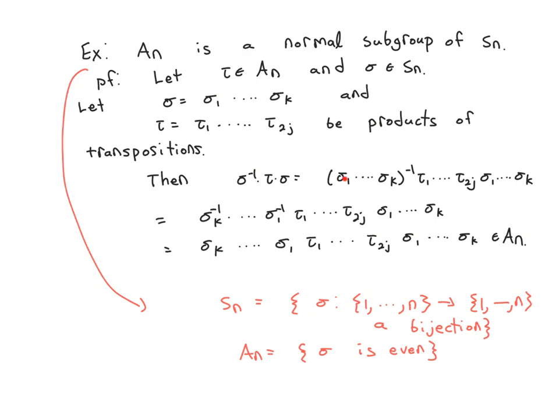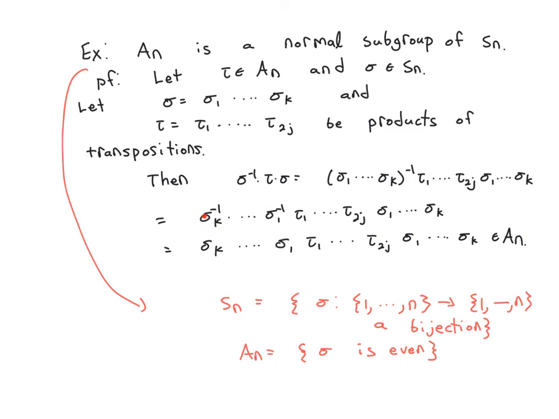Well, sigma inverse is the inverse of sigma 1 through sigma k. Tau is tau 1 through tau 2j, and sigma is sigma 1 through sigma k. The inverse of a product is the product of the inverses in reverse order. Or I should say the reverse of the product of the inverses, so sigma k through sigma 1, all inverted.